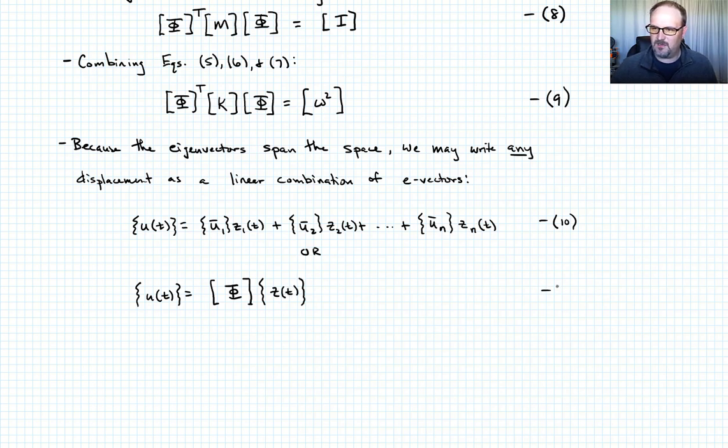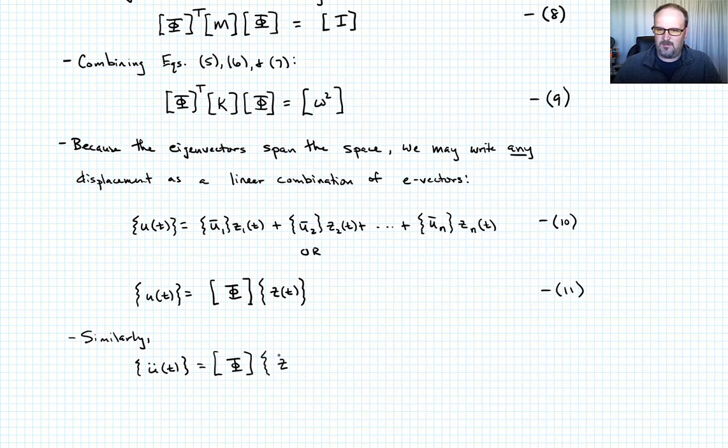Where z represents all of my coefficients. Call that equation 11. Okay, and I could similarly do something for the acceleration, right? So similarly, we could write that u double dot of t is equal to phi times z double dot of t. All right, let's call that equation 12.